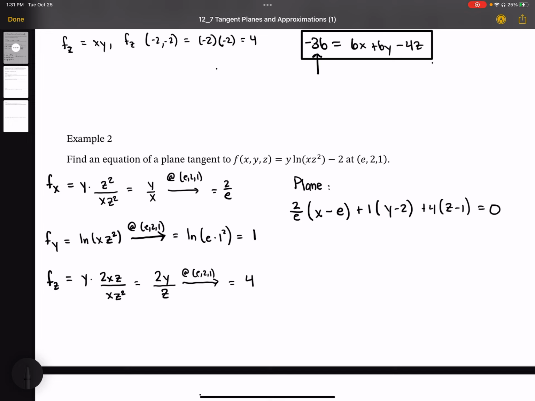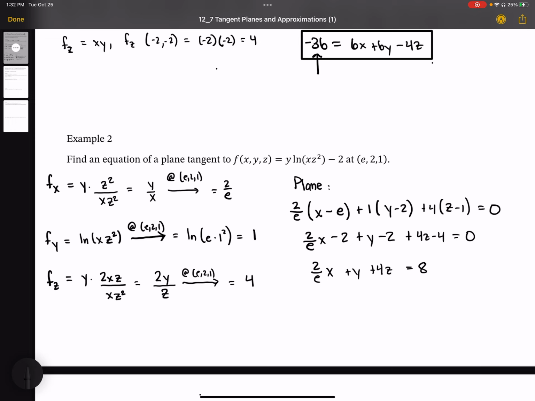The 2 over e is just a constant. So we get 2 over e x minus 2 over e times e, which is just negative 2, plus y minus 2 plus 4z minus 4 equals 0. So that's going to mean that we get 2 over e x plus y plus 4z equals, what's that, 8? All right.